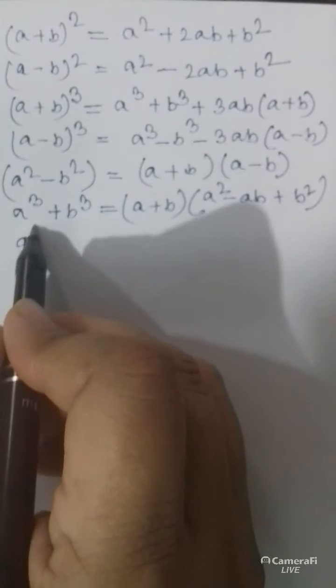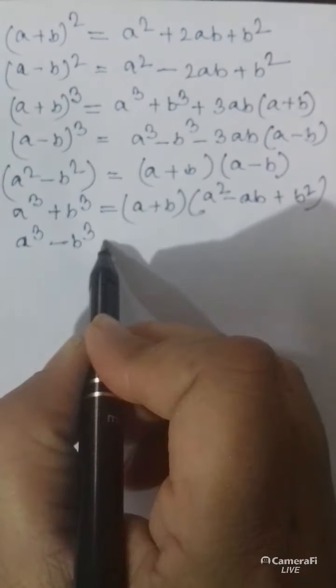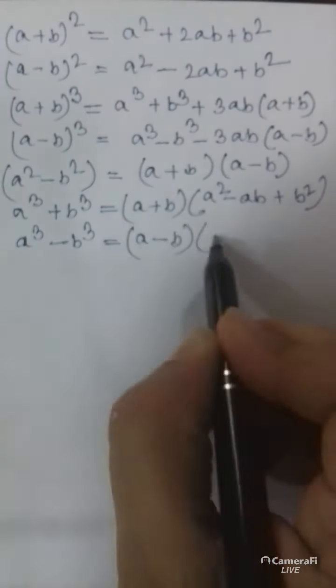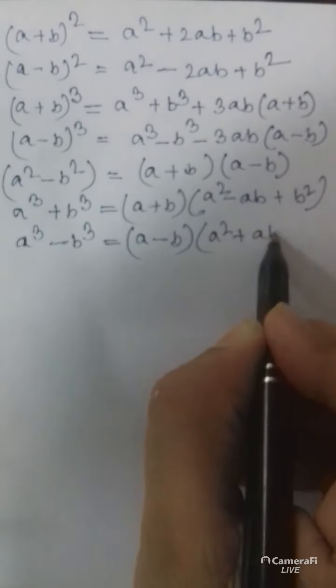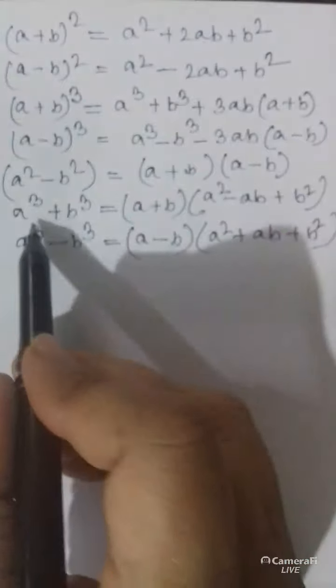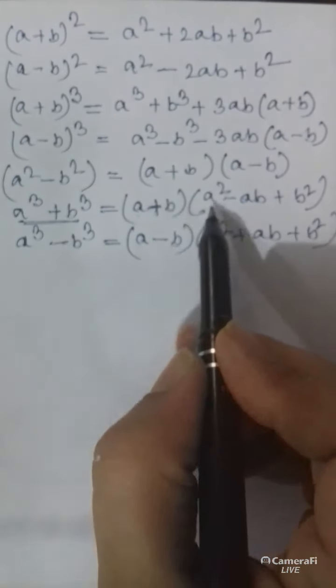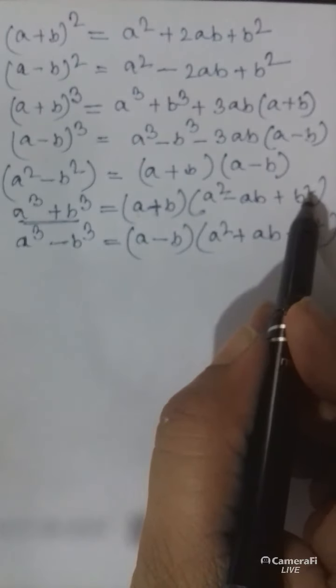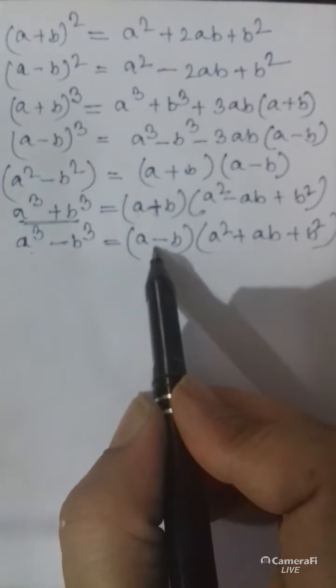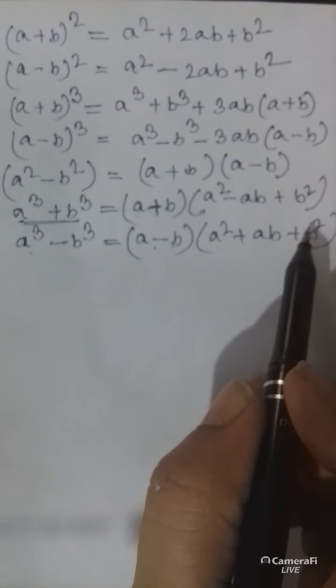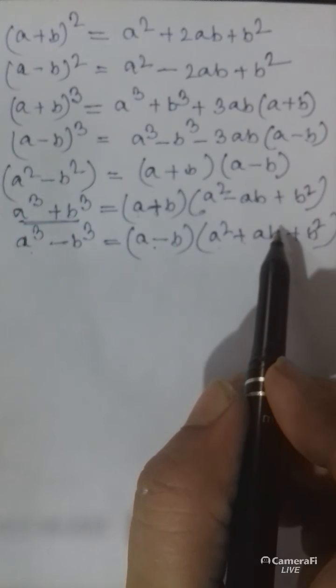Similarly, a cube minus b cube equals a minus b into a square plus ab plus b square. See the formula: for a cube plus b cube, the first bracket is a plus b, and then a square minus ab plus b square. But for a cube minus b cube, it is a minus b, a square plus ab plus b square. Now we can start the factorization.